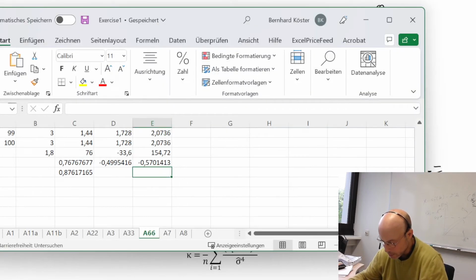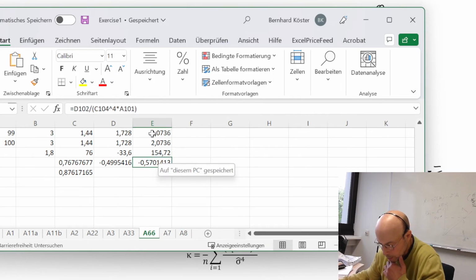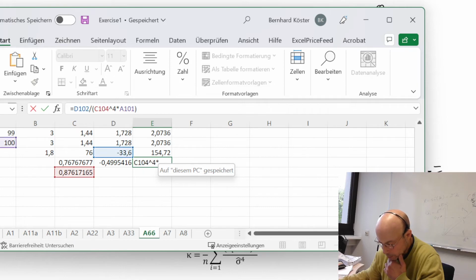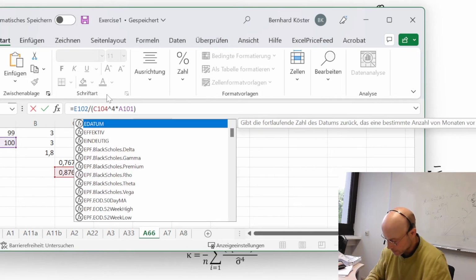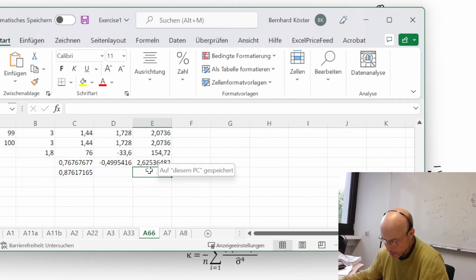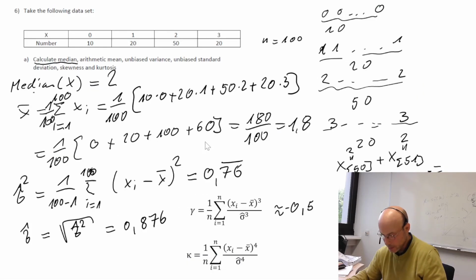Oh, sorry, here's something wrong. Of course, we have also to move to the cell not D, but E in this case. So we have 2.62.